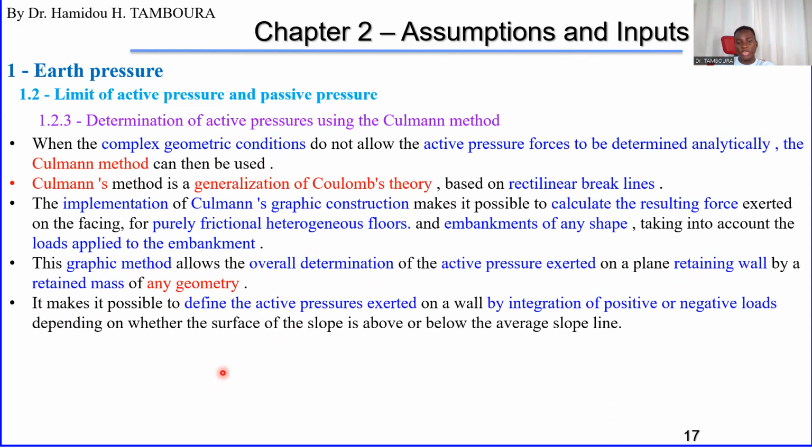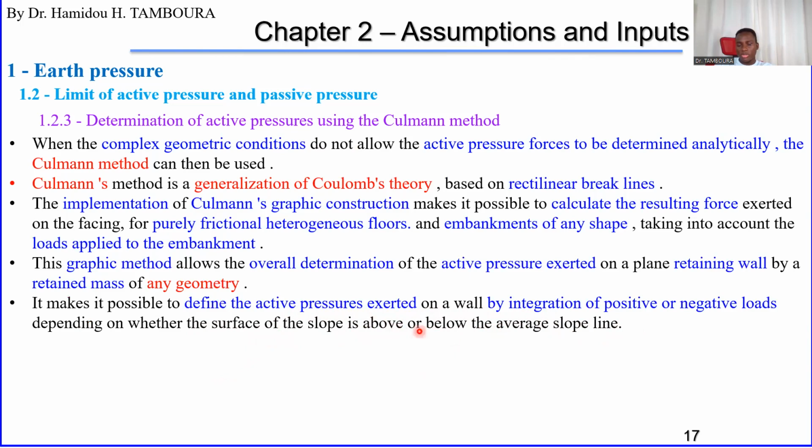So it then makes it possible to define the active pressure exerted on the wall by integration of a positive or negative load, depending on whether the surface of the slope is above or below the average slope line.